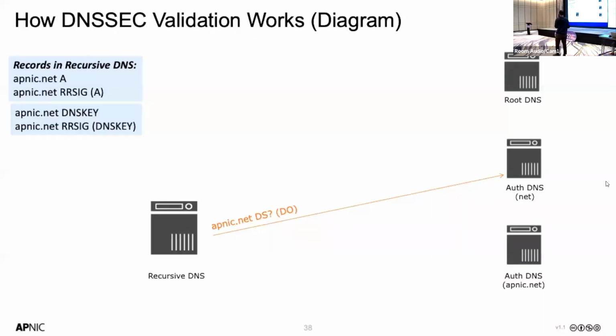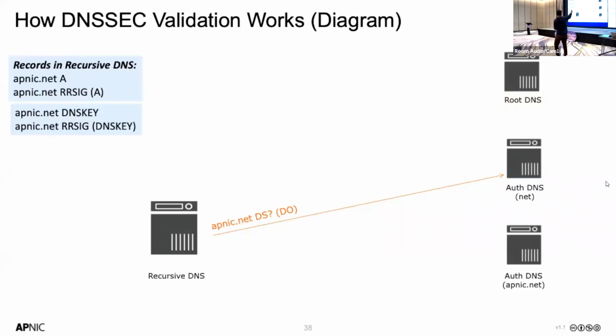It's kind of a pointer from the parent to the child name server. So the delegation signer is actually a smaller version of the KSK of the child. So it is a pointer to the KSK that needs to be added to the parent zone.